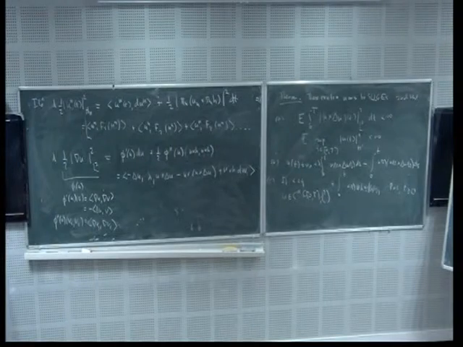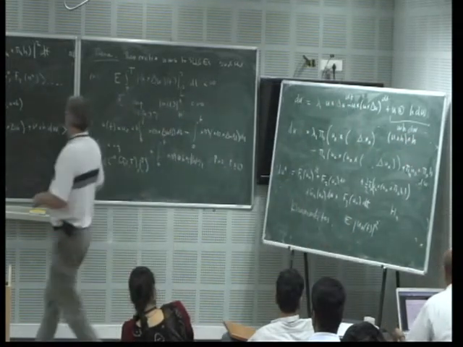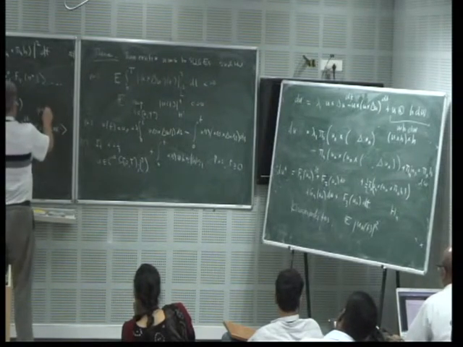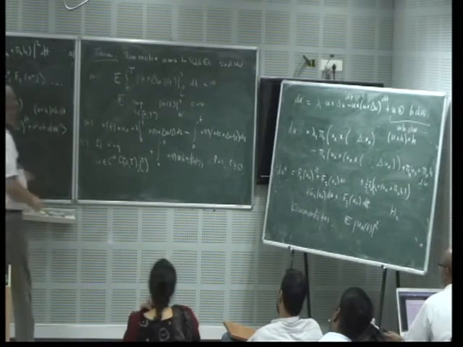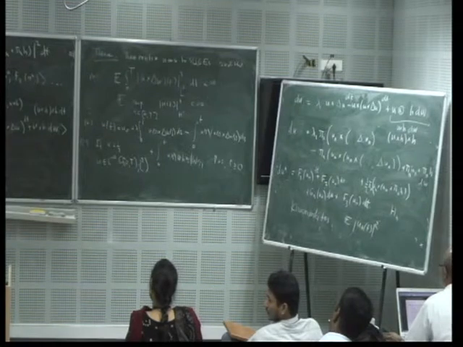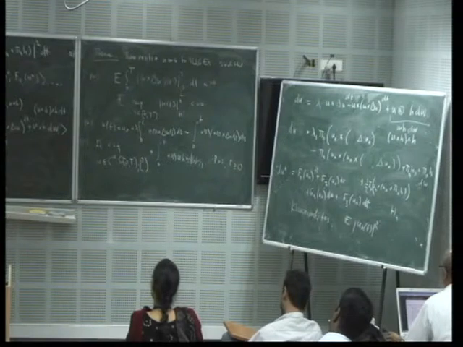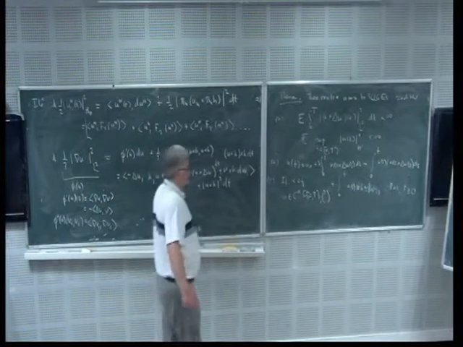There is also a term U cross H cross H dt from the Ito correction, and plus 1/2, which will be the identity, so we have U cross H squared dt. Agree? This is on the formal level, and actually this is only on the formal level.